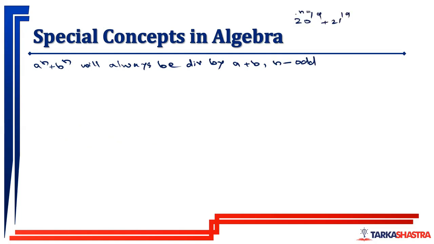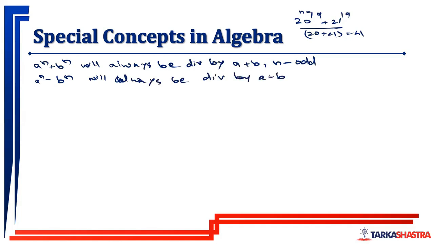And the powers should be same. Then this term is definitely divisible by 20 plus 21, that is 41. Then a raised to n minus b raised to n will always be divisible by a minus b.